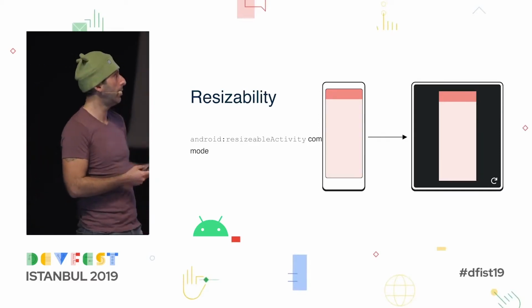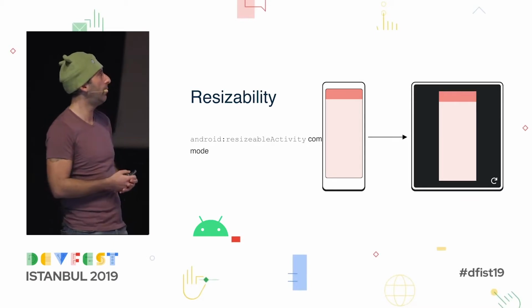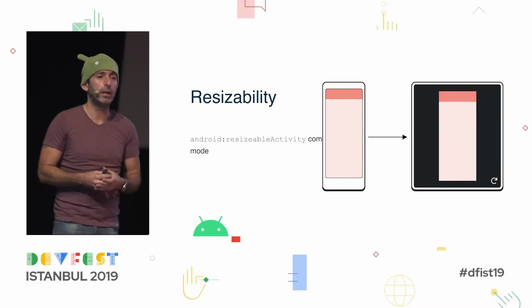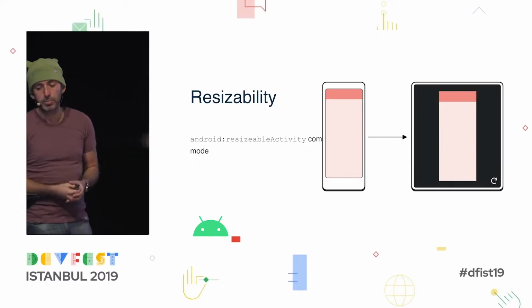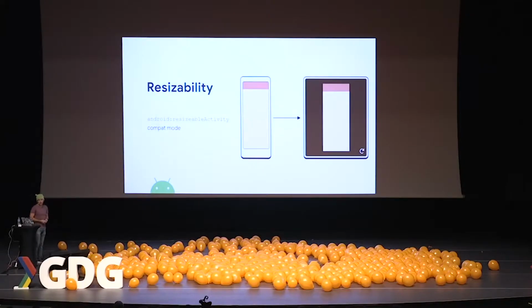So without you opting in, we assume your app will support resizability. If you don't want your app to be resized, you need to set the flag to false, and in that case, we'll basically show your app in a black box, and we will not try to resize it.